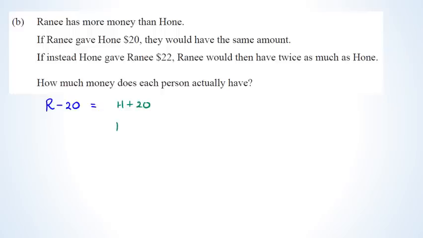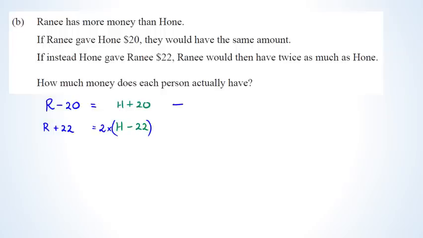But when Hone actually gives $22 to Rani, Rani would then have twice as much as Hone, which means 2 times whatever he has originally. That's how you set up those two equations.